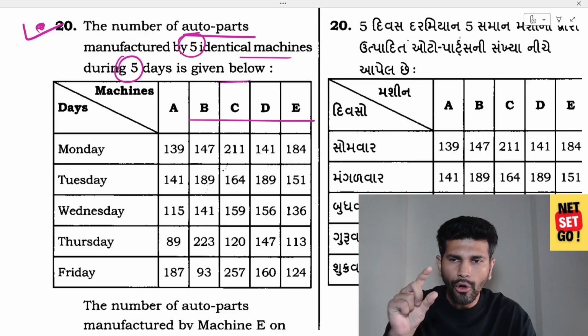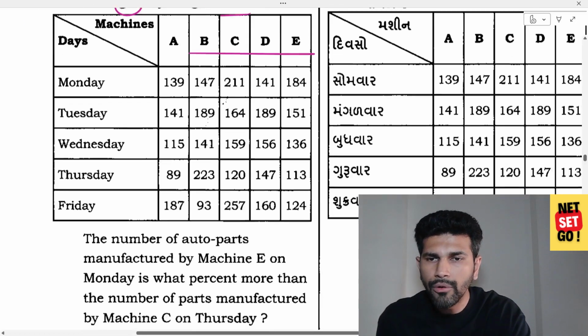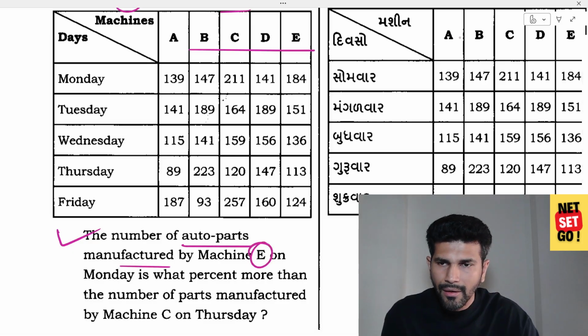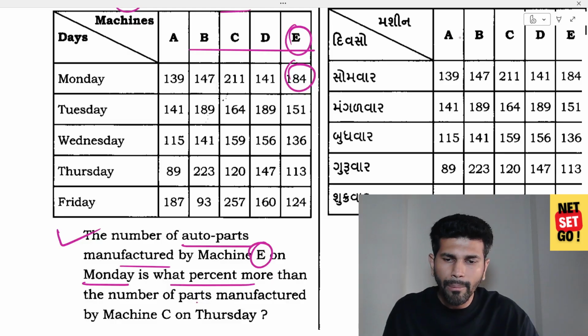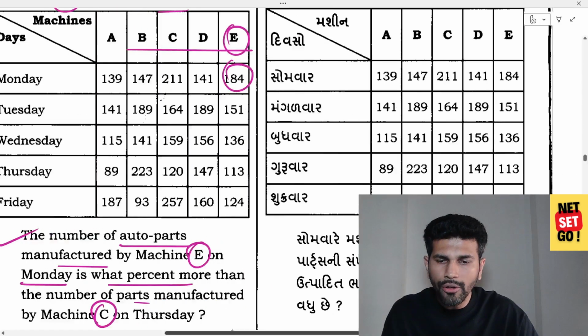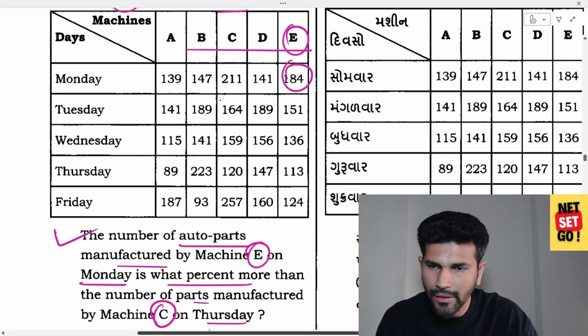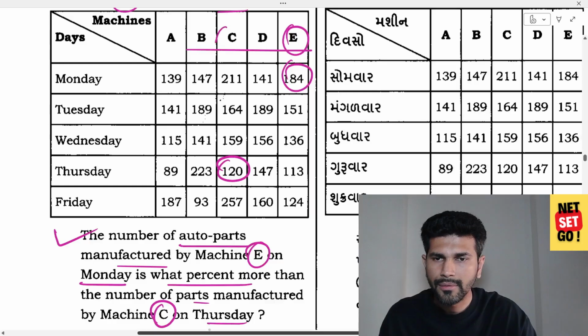So we have to calculate the number of auto parts manufactured by machine E on Monday, that is 184, is what percentage more than the number of parts manufactured by C on Thursday?